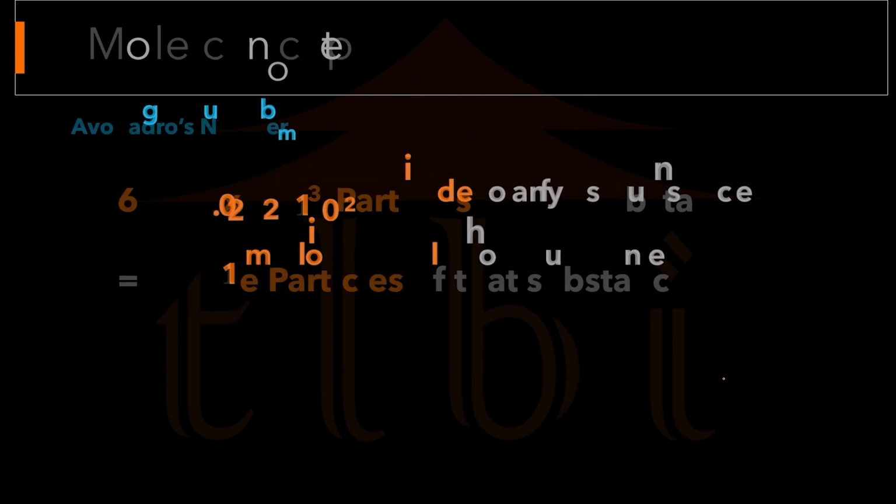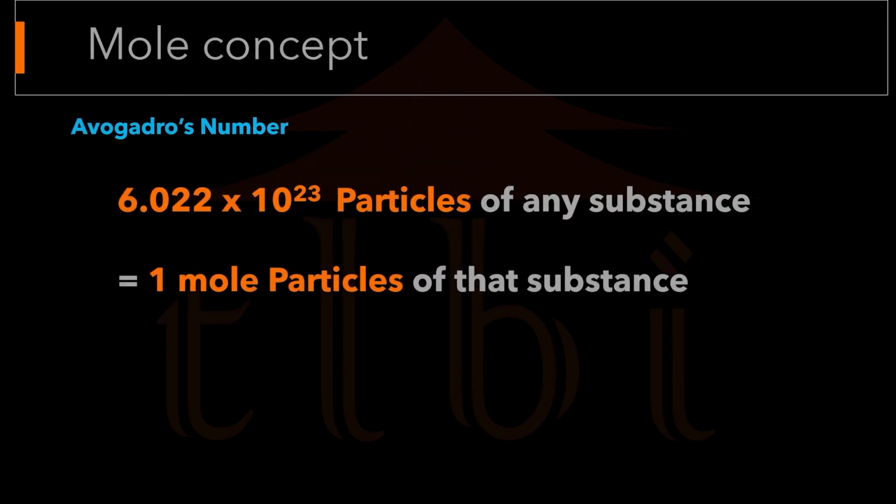Now, this is the core of this lecture, Avogadro's number. In simple terms, it is just a name given to this particular number. That's it.